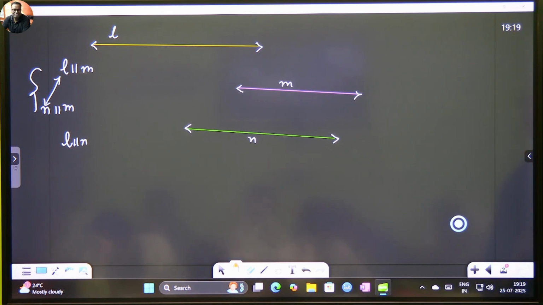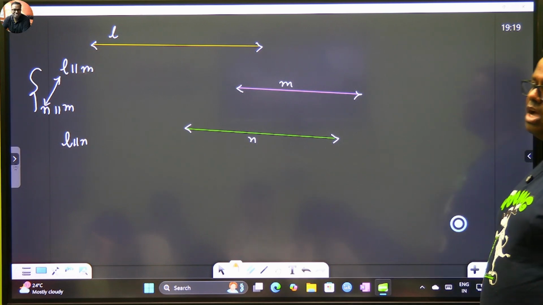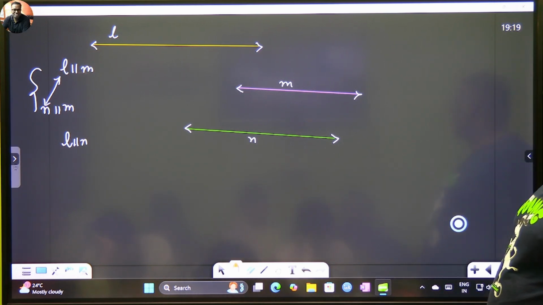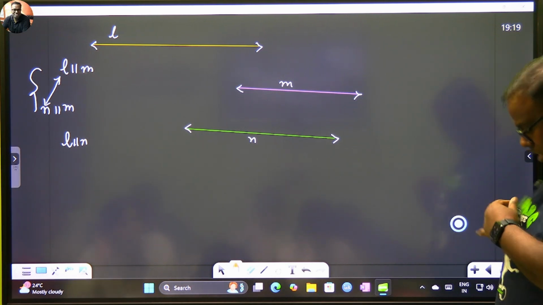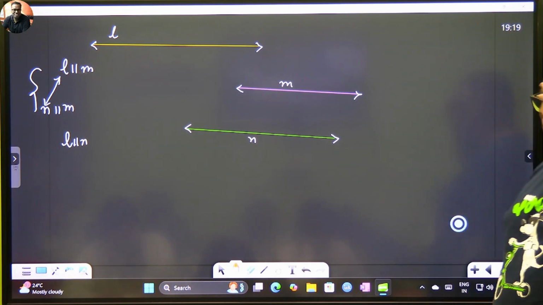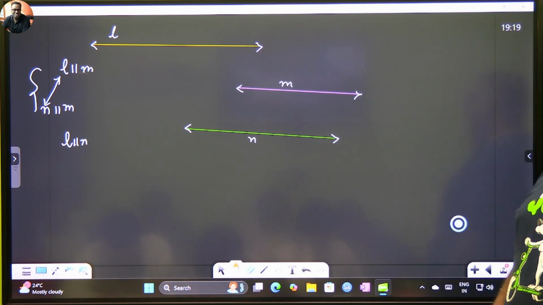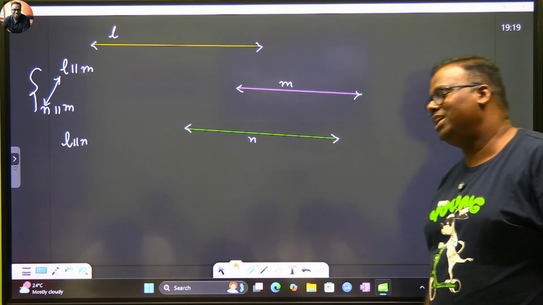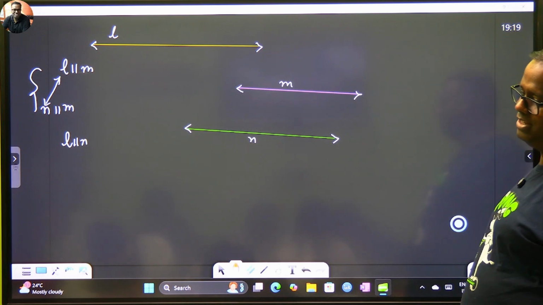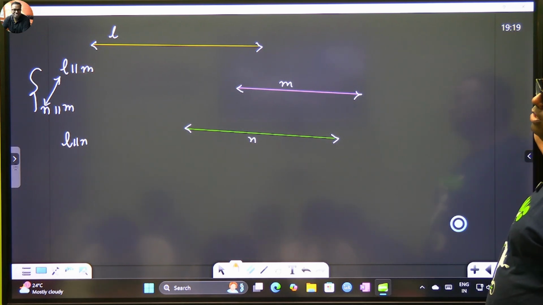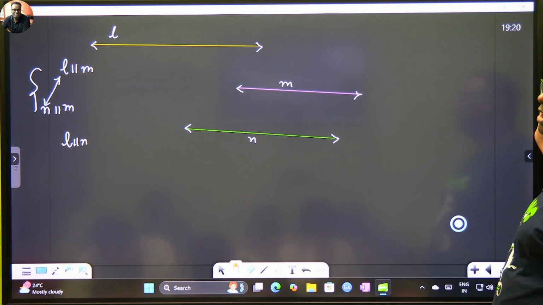If two lines are individually parallel to a third line, the two lines are mutually perpendicular to each other. Oh, sorry, why am I using perpendicular? If two lines are individually parallel to a third line, sorry children, thank you Ananya, then the two lines are mutually parallel to each other. Okay?